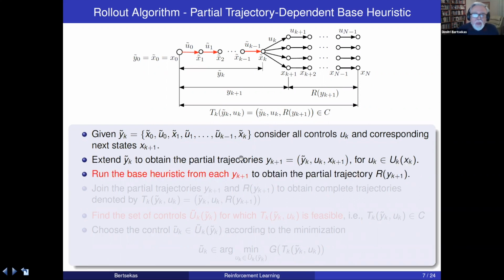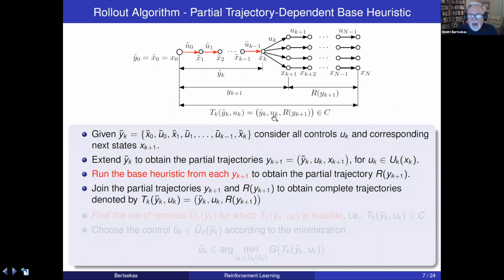And now we run the base heuristic from each one of those. Now the base heuristic generates a partial trajectory, R of y k plus 1. This one here, and so on. And now we join this part with this part, and we do it for every uk.